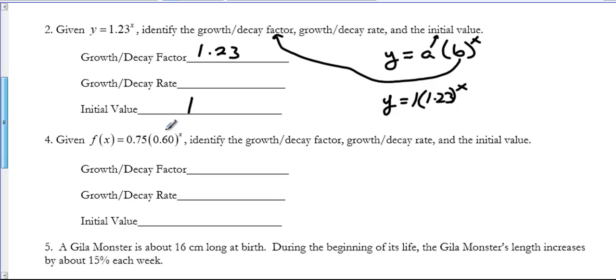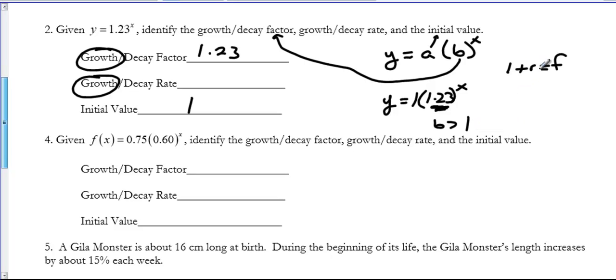It's the rate that throws most people off. If I want to find the rate, what I need to do is look at this little formula that says the factor is equal to, in this case, we're talking about growth. I know it's growth, by the way, and I should have circled that, because this number right here is greater than 1.